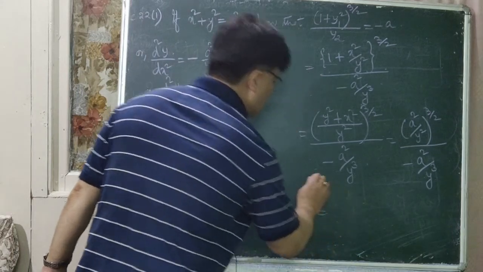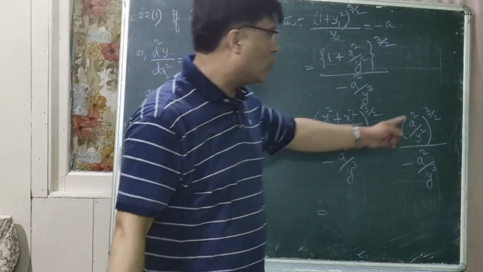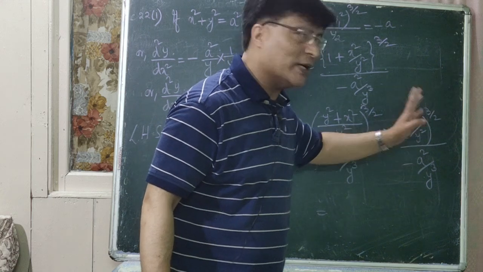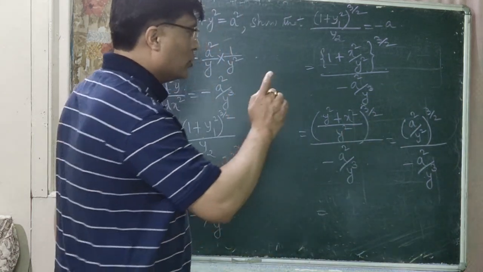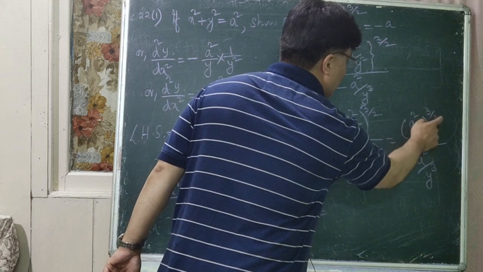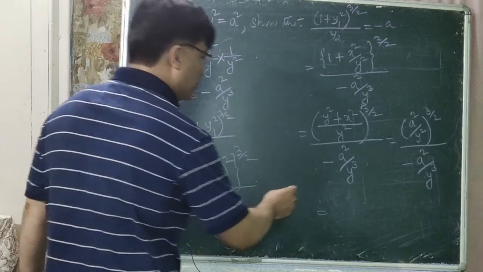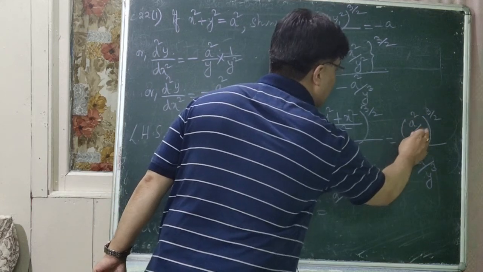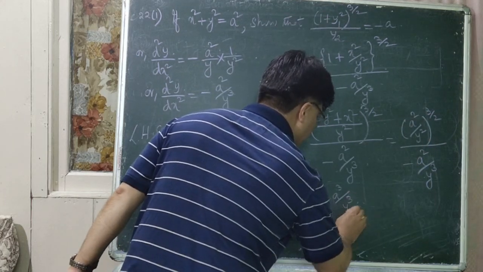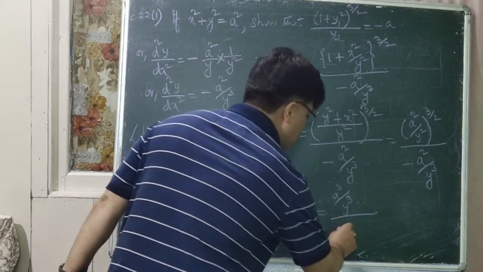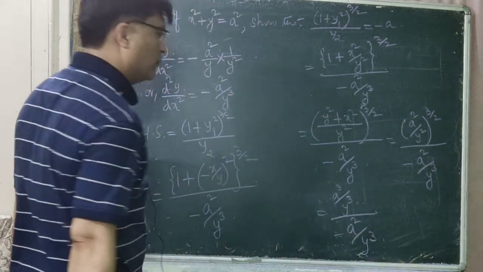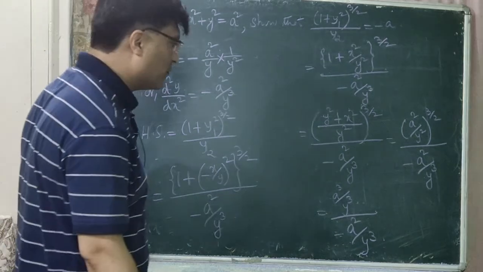So which is equal to, now this whole to the power 3 by 2 is for both a square as well as y square. So what is a square whole to the power 3 by 2? 2 gets cancelled, you get a cube. This is your a cube divided by y square whole to the power 3 by 2, 2 gets cancelled, y cube divided by, in the denominator, minus a square upon y cube. Is that clear to all of you?